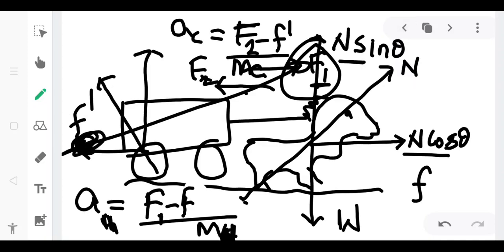So these are the accelerations of the cart, right? And the acceleration of the horse.